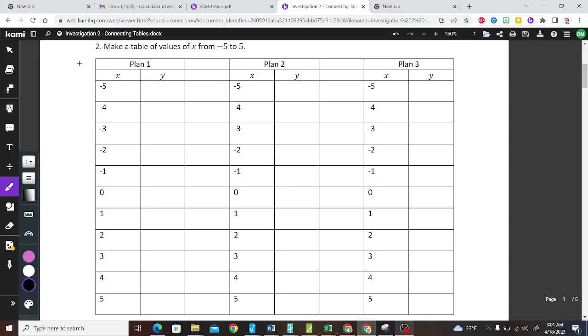Now, I was a little baffled yesterday. Y equals 5x minus 3. Y equals negative x plus 6. And y equals 2. I'm going to start off with the simple one. These are all 2's, because the y value is 2 no matter what the x value is.